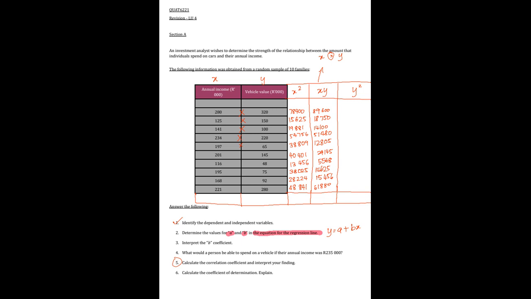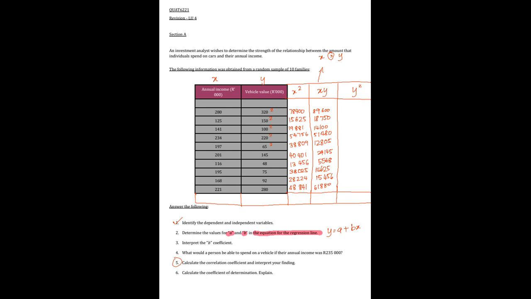The next is your y squared. Just like we had done with your x squared, it's literally just about squaring your y value. So 320 squared, 150 squared, 100 squared, 220 squared, 65 squared, and so on. You'll square all of them.